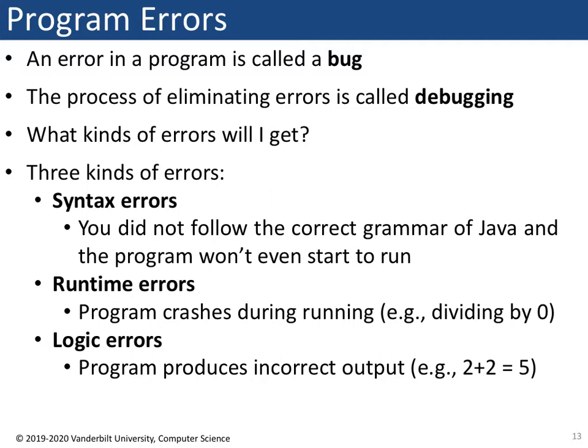The program says, give me a number, and they say, okay, 4. Then the computer says, give me the number to divide by. And the user says, oh, I know, I'll be funny, I'll say I want to divide by 0. Well, that's going to make the program crash.